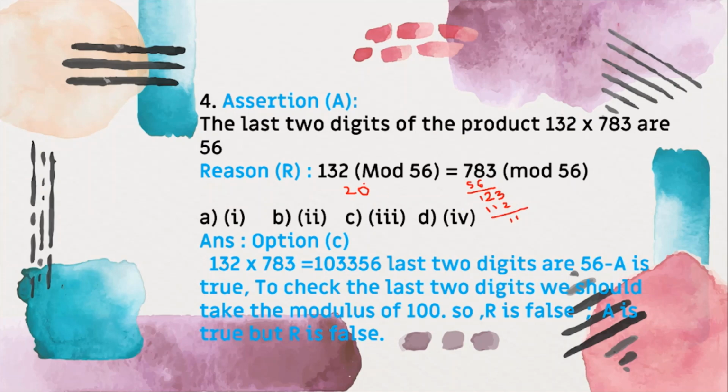So 132 mod 56 is 20, and 783 mod 56 is 11. Anyway, these are not equal. So the reason is false. Once the reason is false, you go for option C. So sort out the reason first.